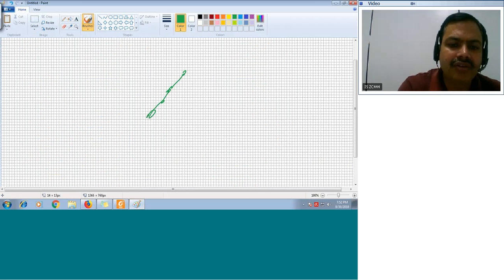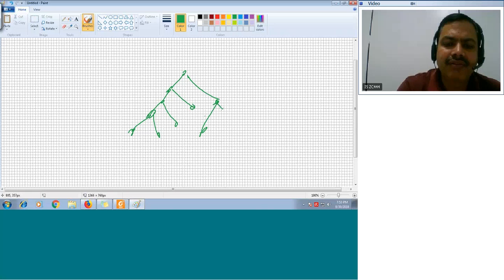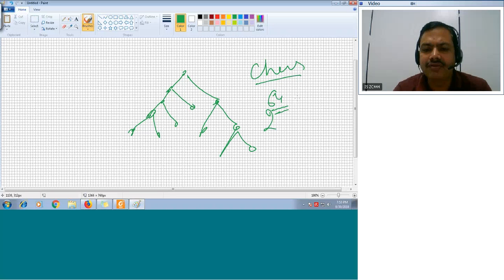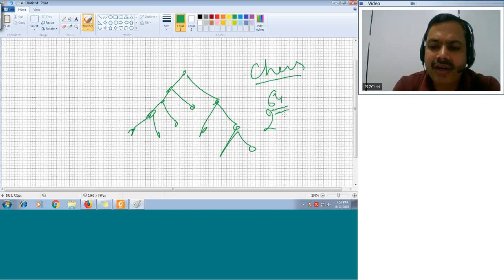For example, in a game of chess the number of states is very large, something like 2 to the power 64. We do not even have that many particles. The states are board positions.